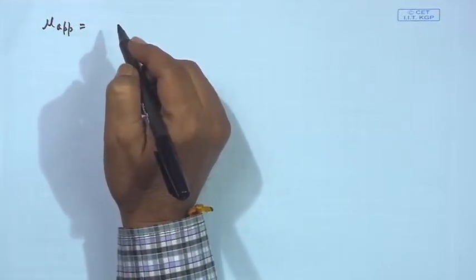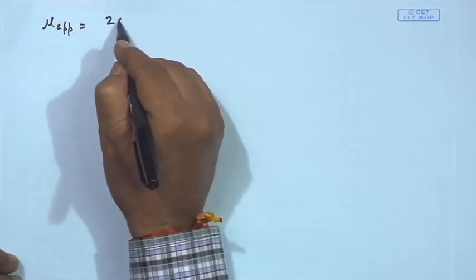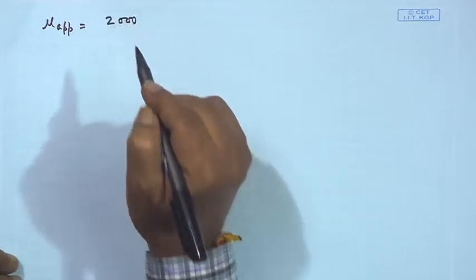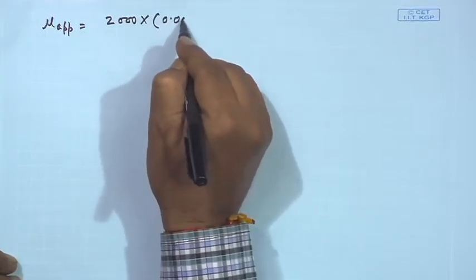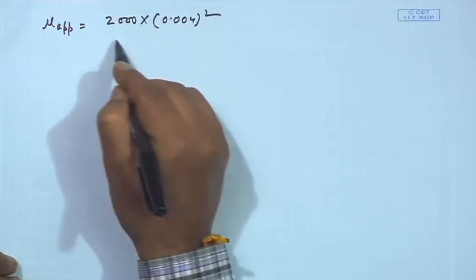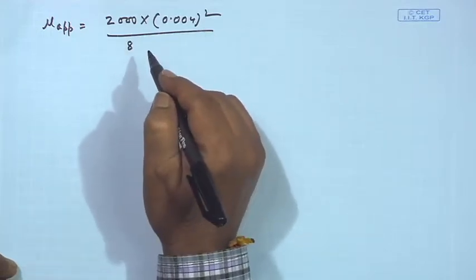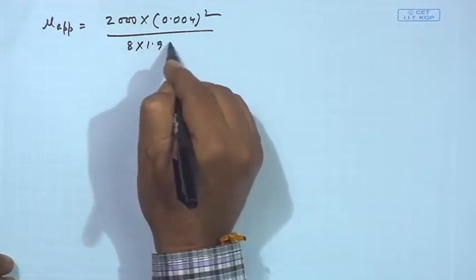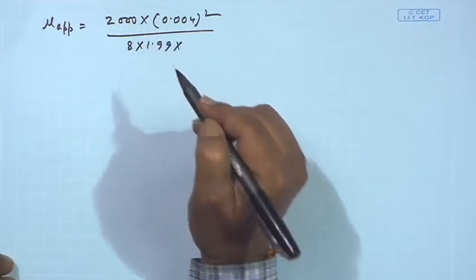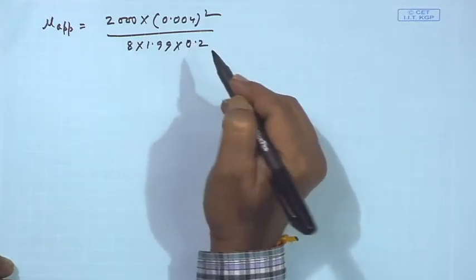It is coming for 2000 delta P into R square, 0.004 square, divided by 8 into V average. V average is 1.99 into L, which is 0.2.